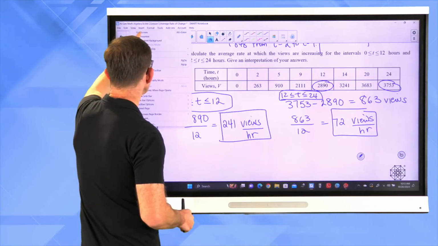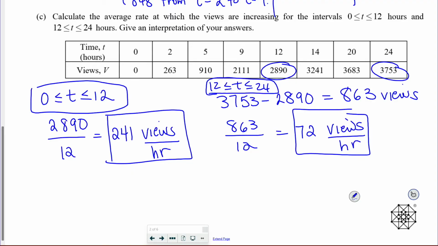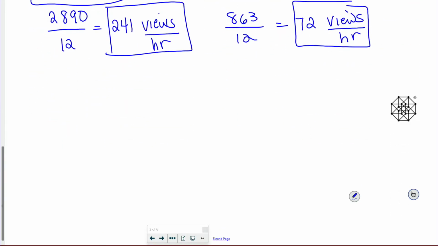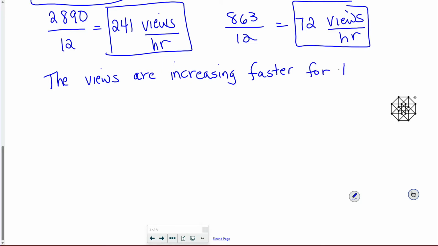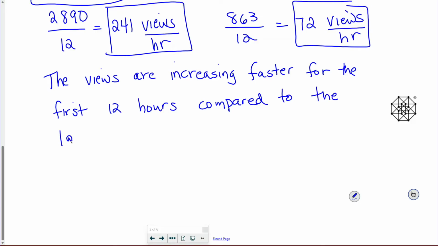So let me go back in here, full screen, maybe extend my page a little bit. So the views are increasing faster for the first 12 hours compared to the last 12 hours.